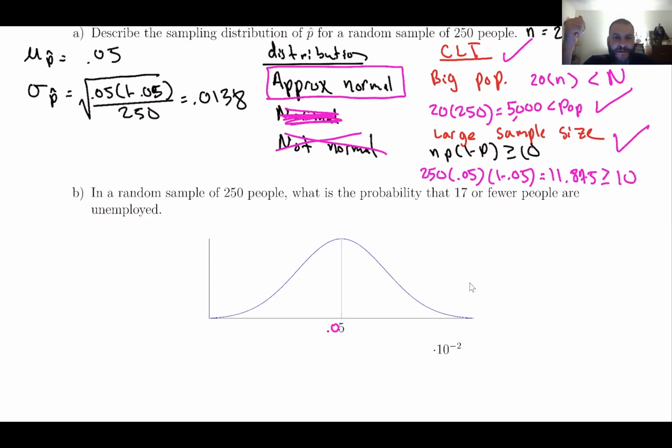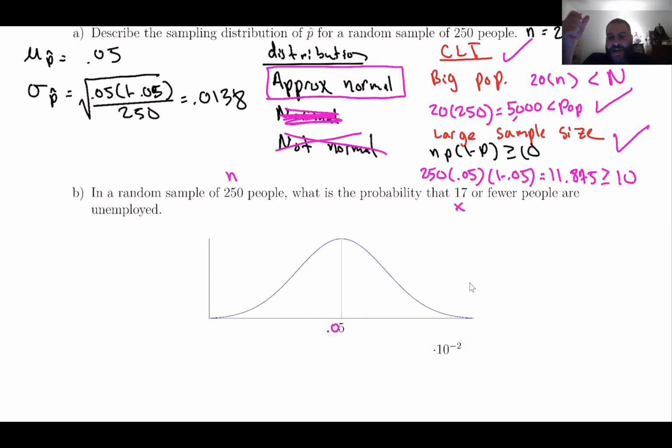All right, let's do B. It says if a random sample is 200 people, what is the probability that 17 or fewer people are unemployed? They're not giving us p hat, but they're giving us the information to find p hat, because we know this is n and this is our x.